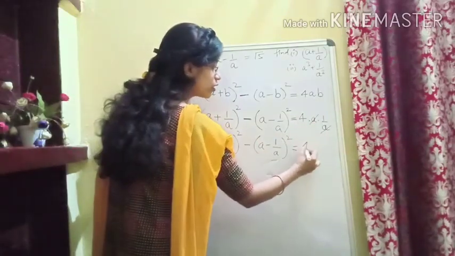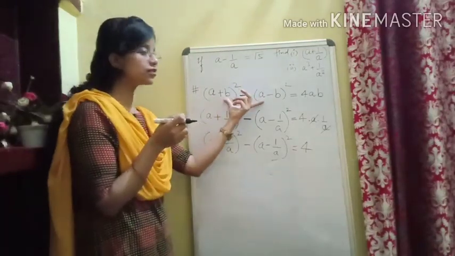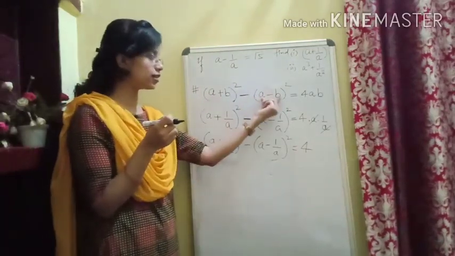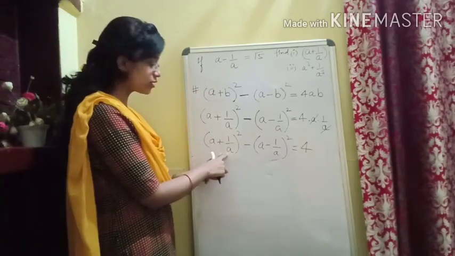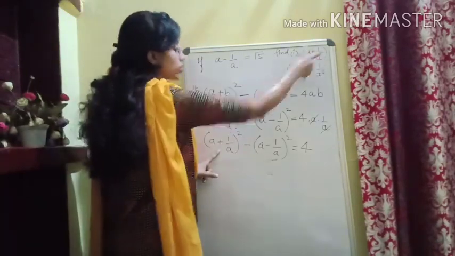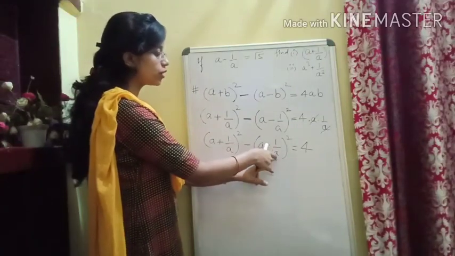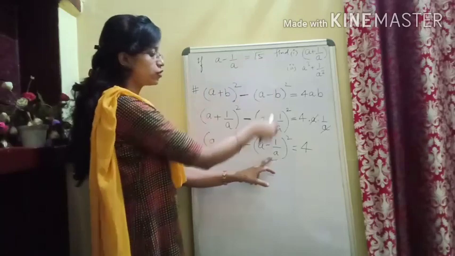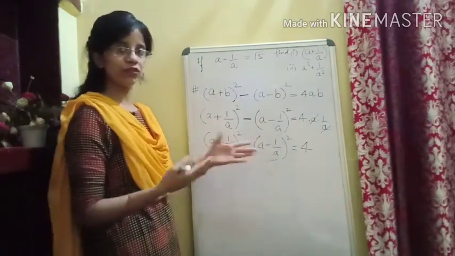Now see, what is the advantage of using this relation of these two identities? It is that this a plus 1 upon a is coming in the left hand side, which we want to calculate, minus the second term, a minus 1 upon a, which is given already. So one term we can calculate, the other term we know the value. It is simple.